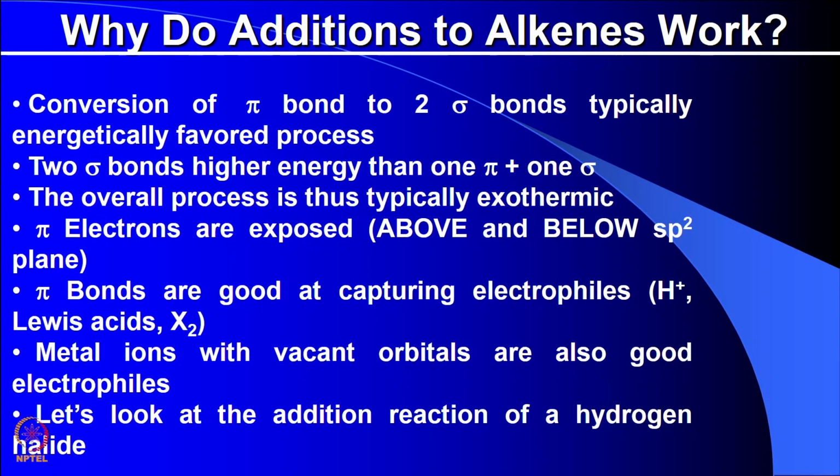So why do these addition reactions work? How does this reaction proceed? In this addition reaction, you see that we convert one pi bond to two sigma bonds. You had a C=C double bond, and from that we have converted it into a C-C single bond.